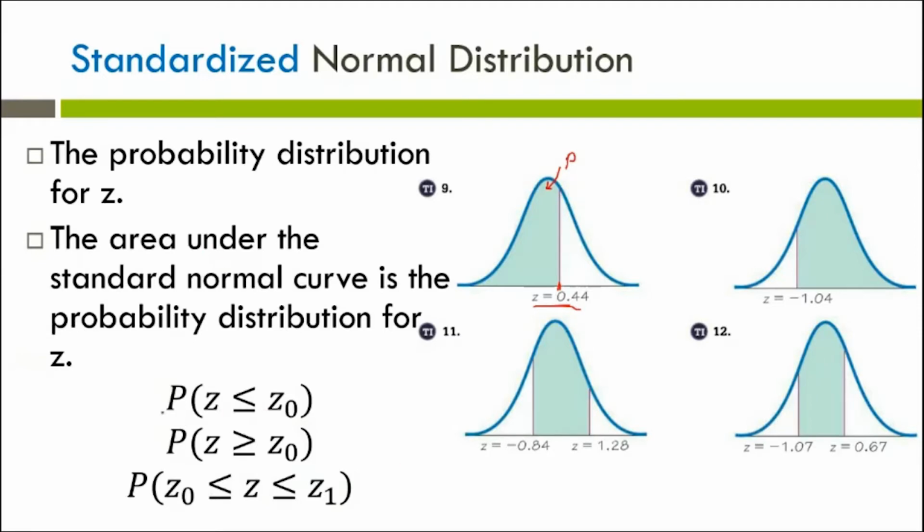For example, the probability of z less than or greater than z sub 0. So we will denote this area here to be the probability of z less than or greater than z sub 0, in this case 0.44. So we'll have to refer to the area here.